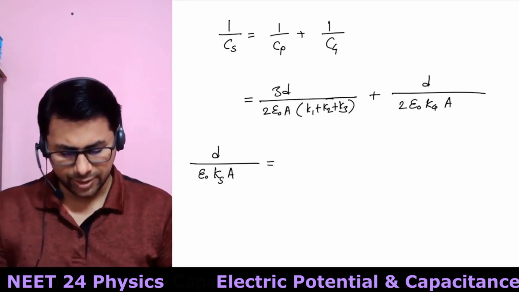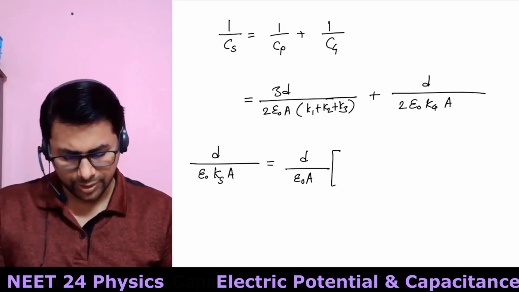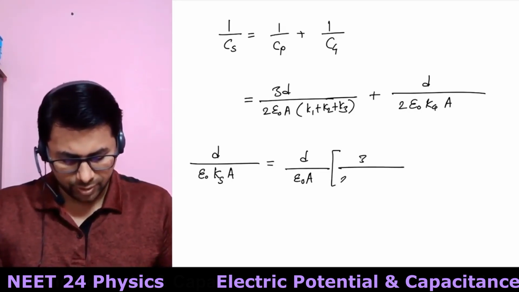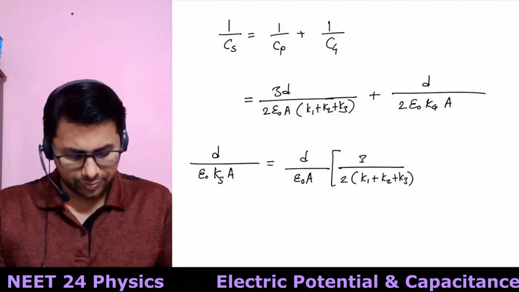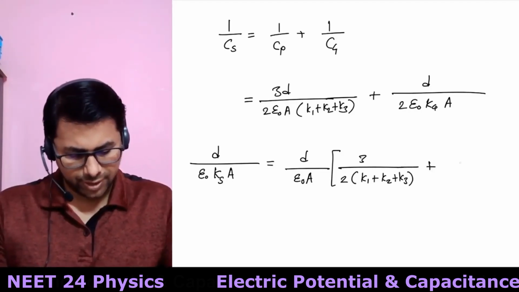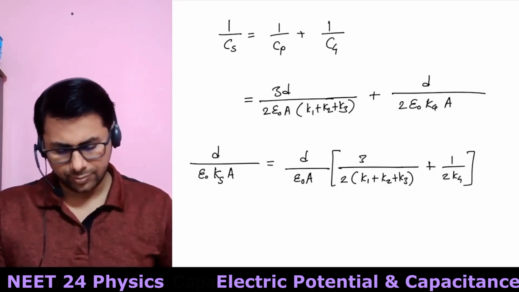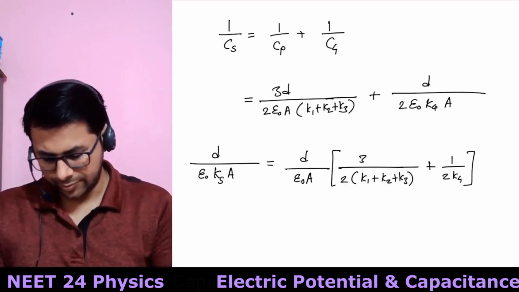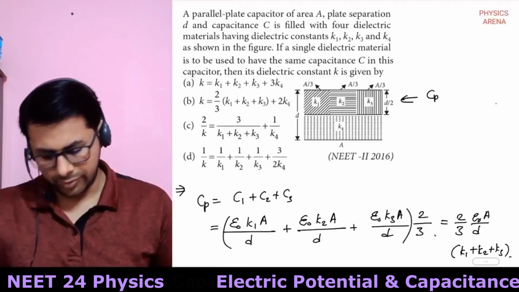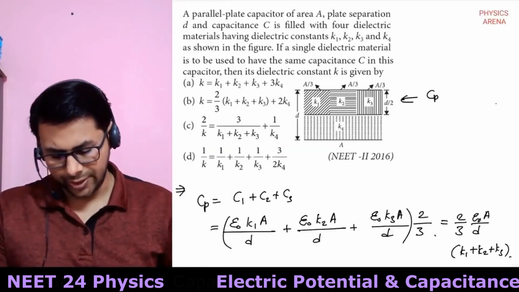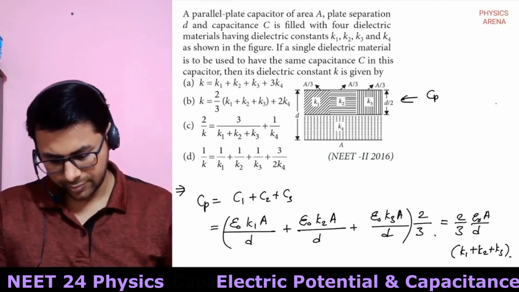So this can be written as D upon epsilon naught A, taking common from both of them, times 3 by 2 times K1 plus K2 plus K3, plus 1 by 2 K4. So this thing will get cancelled, and this is the answer. 1 by Ks, or 1 by K, is equal to this thing. Option C.